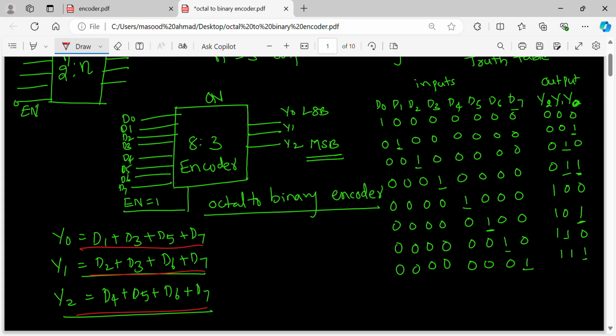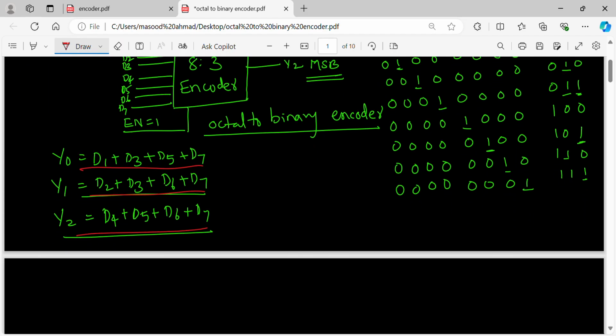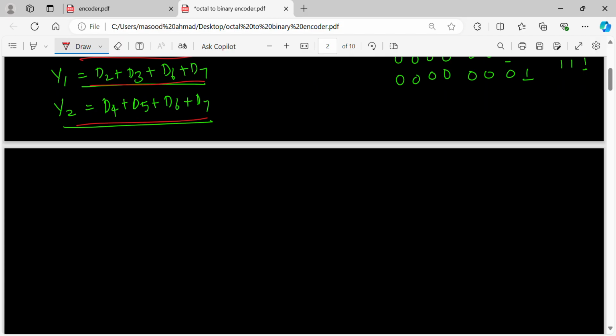Now let us look at how the circuit looks. In the circuit, you take the inputs and use 4-input OR gates. I take D0, D1, D2, D3, D4, D5, D6, and D7.